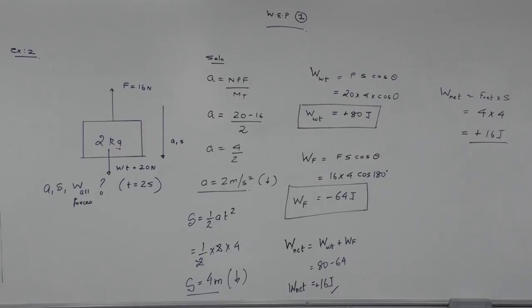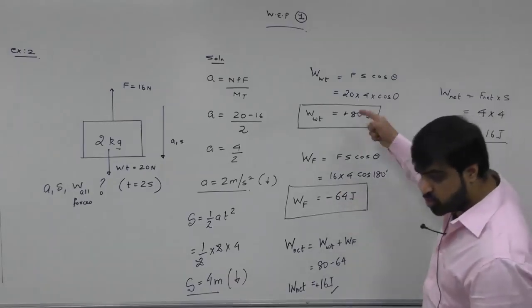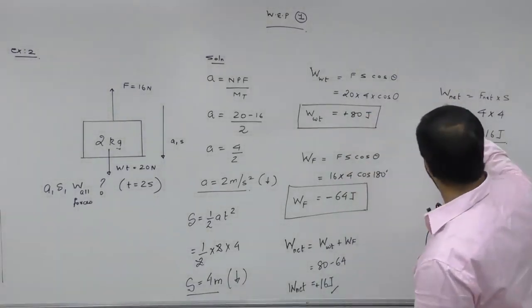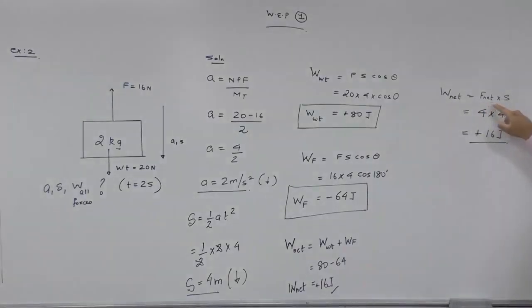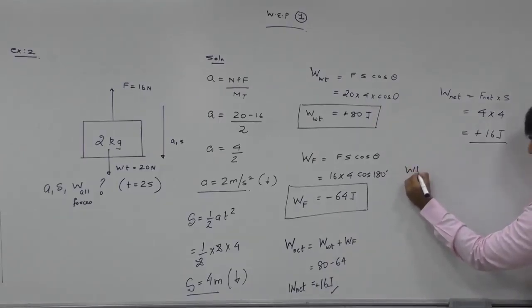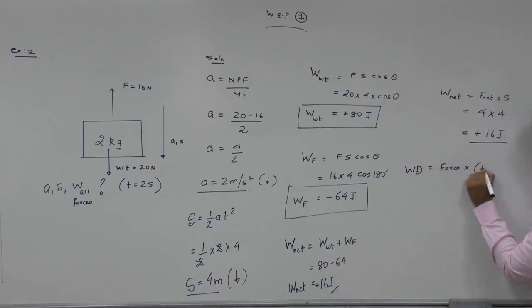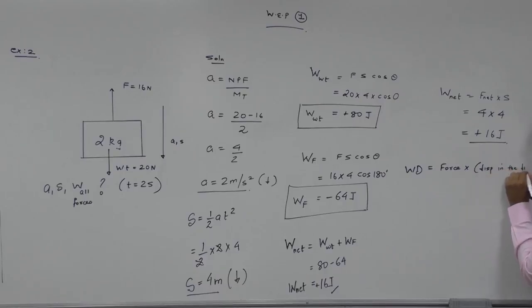So if they ask you work done by individual forces, it can become positive or negative, whether it is going up or down. And work done by net force will become net force into displacement in the direction of the force. Now I'll give you the direct formula for work done. Work done is force into displacement in the direction of force.